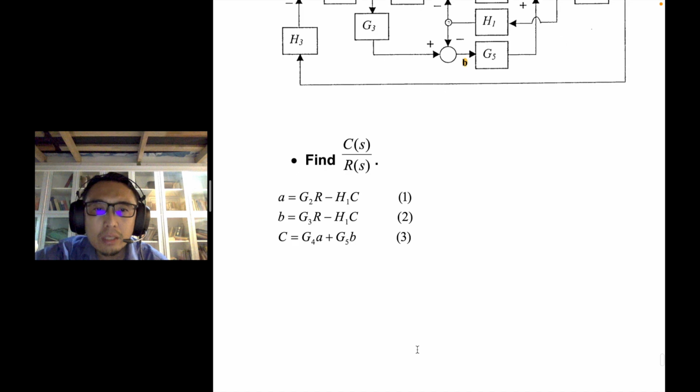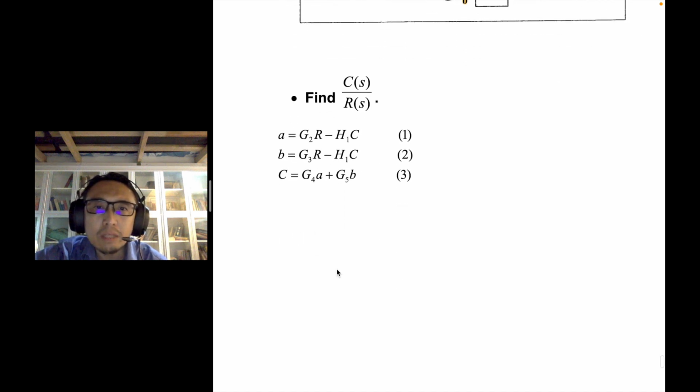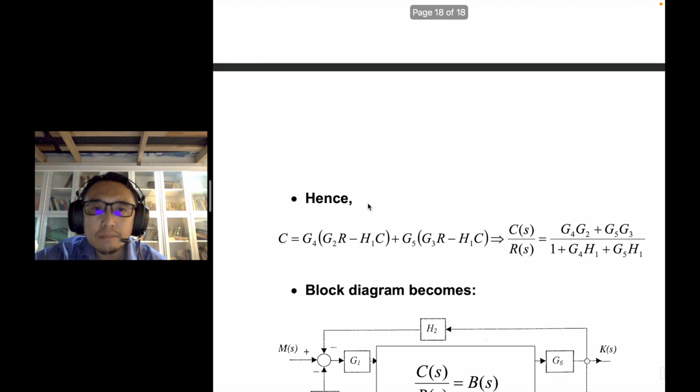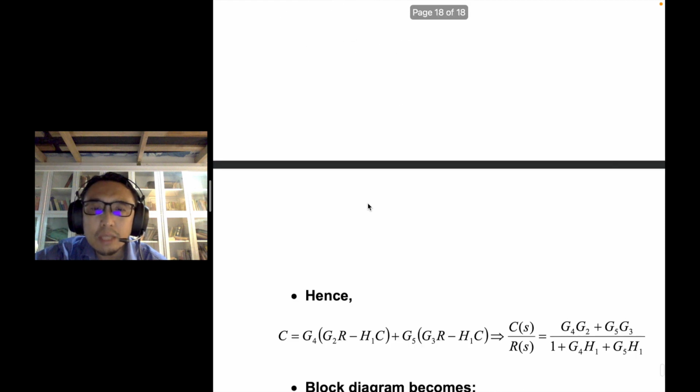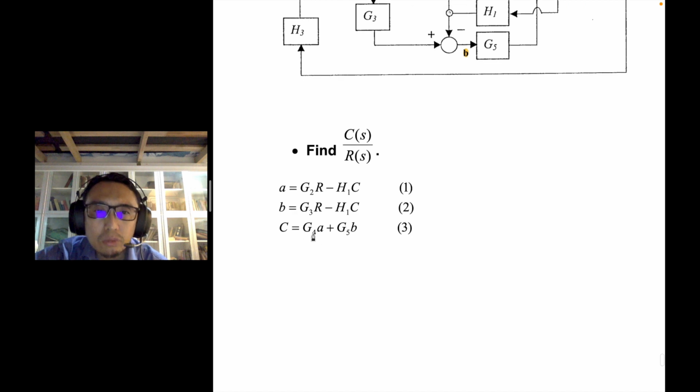Okay, now you can eliminate A and B easily from these three equations. You can see that C is equal to G4 if you substitute A here, and then B into here.